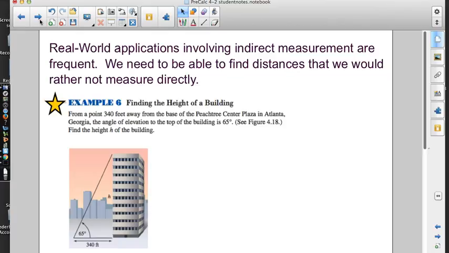Don't leave your partner in the dust. I do see a couple of people that use different trig functions than I would have picked, so that doesn't mean they're wrong.